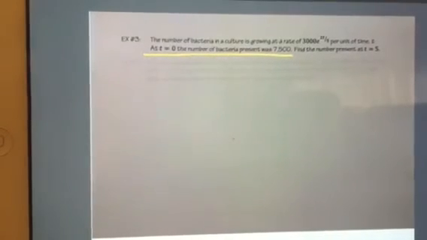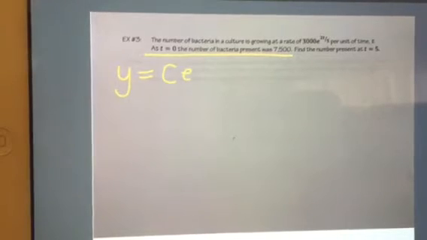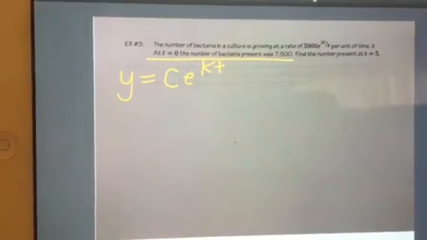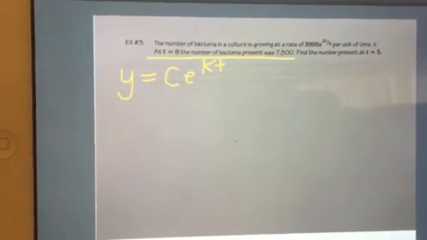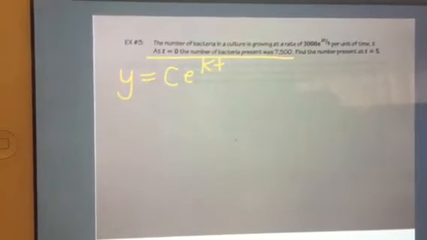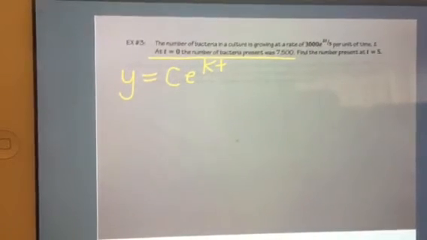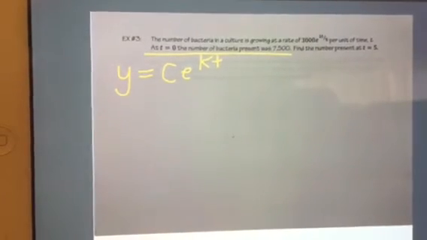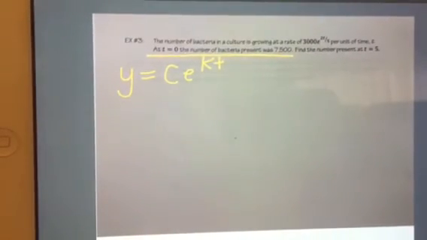Well, given that we have a rate that's exponential, we know that we're going to use the model y is equal to ce to the kt. We know that when time is 0, the number of bacteria was 7,500.